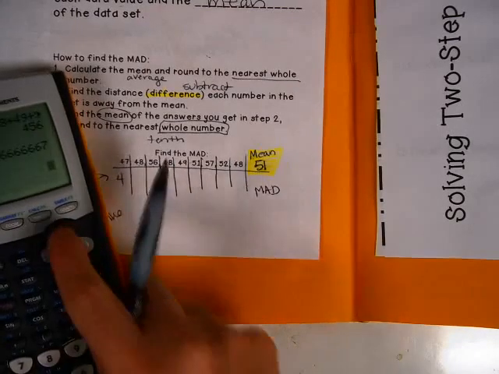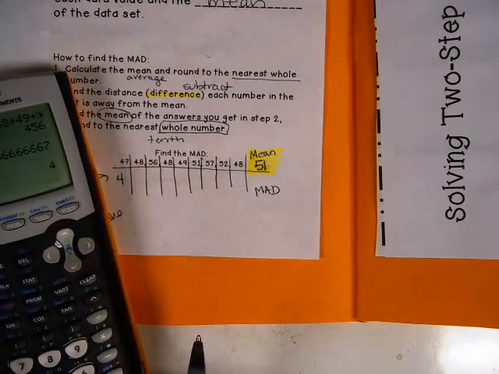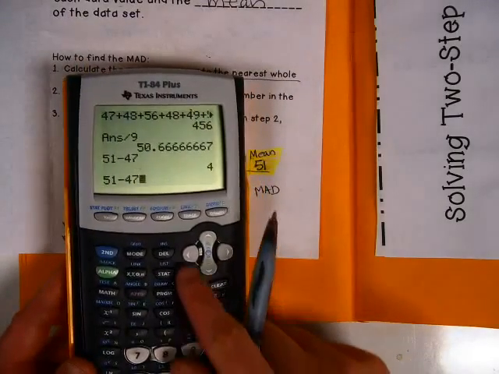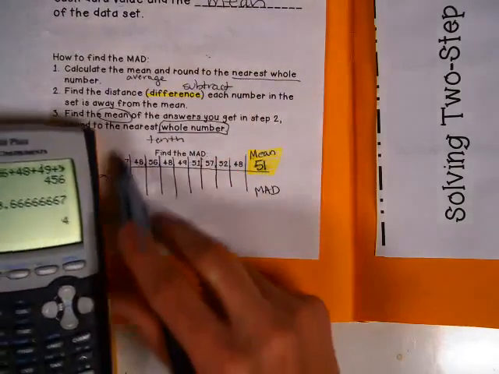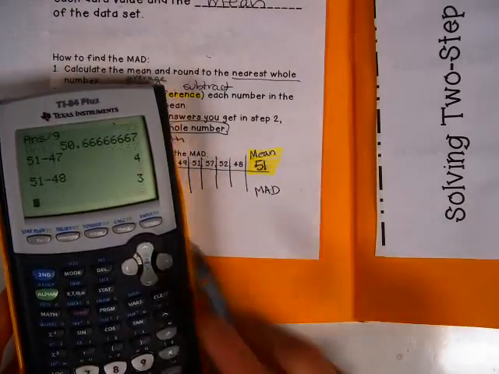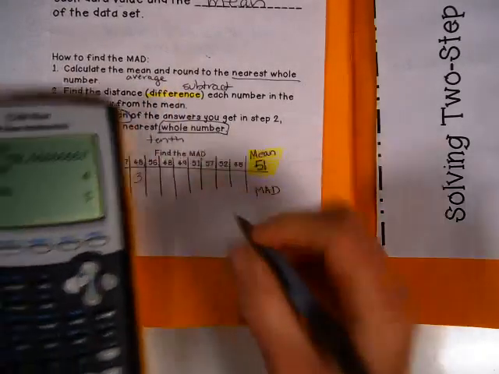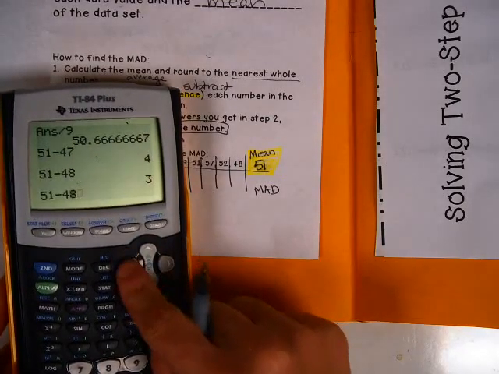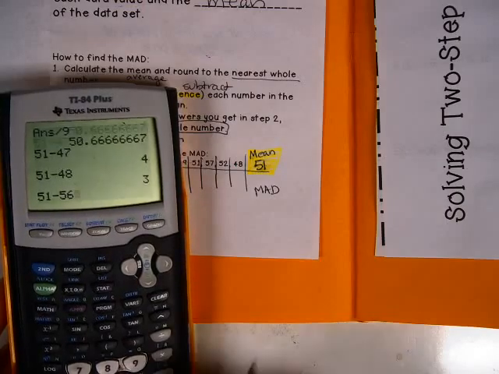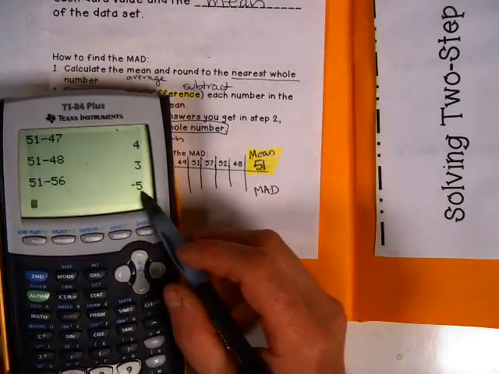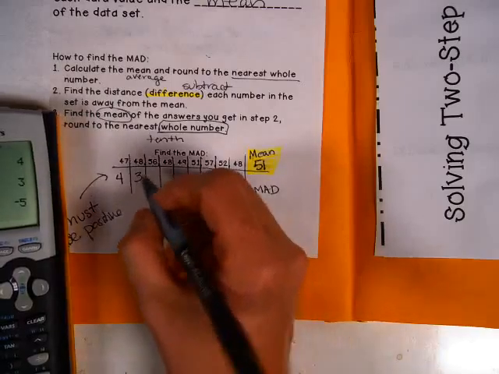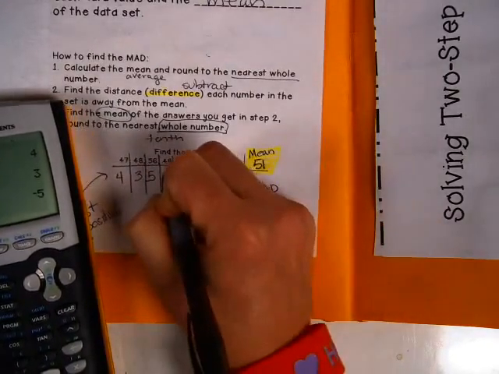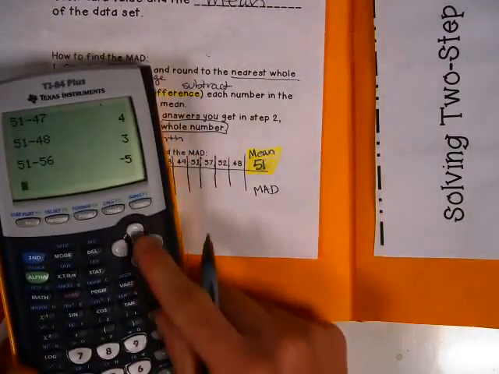So then, if you're comfortable with your calculator, you go up 2 places and just change the number out. I want 8. So that's 3. Then I'm going to go up again, press enter, and change it to 56. And see, I get a -5. I don't care about the negative. I'm just going to write 5 right there. 48, I've already done once.